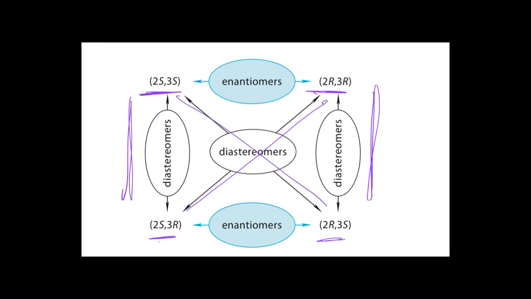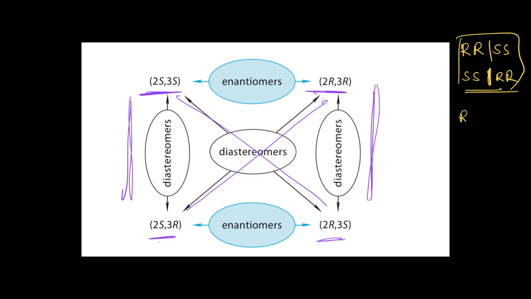Now you should keep in mind, for an R configuration, its mirror image is which one? R's mirror image is S. Therefore these are called enantiomers. This is an enantiomer configuration.